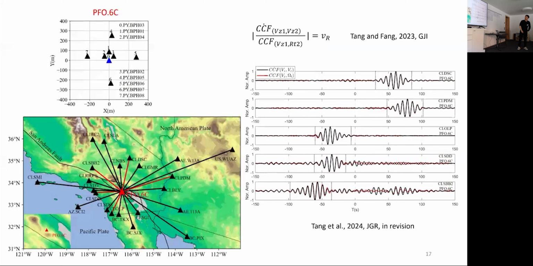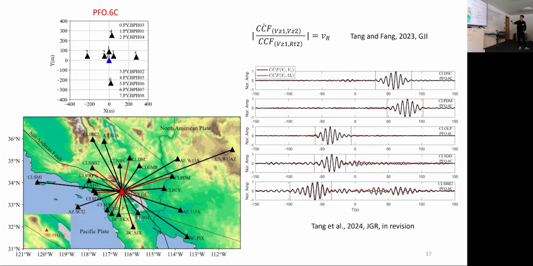We also use the array in Southern California, a small seismic array, to retrieve the rotation motion. We select 3-component stations in different directions, and we can calculate the cross-correlation. If you look at the waveform, in principle they should have the same phase, and for the observation, yes, they do.